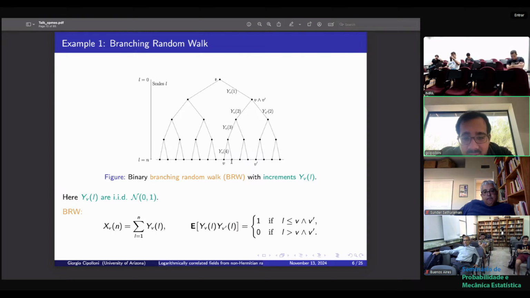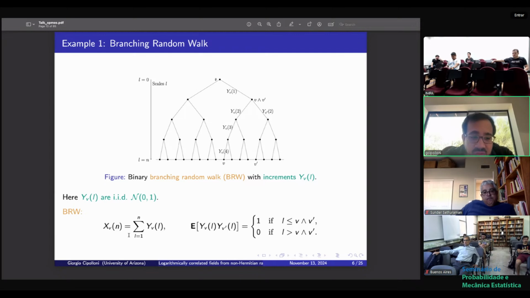We pick a point V at the base of this tree, and then we start from the root and take the sum of all the increments along the path that we have to take to reach V. So in this concrete example, we start from here, then we take this one, and so on and so forth until we reach V.